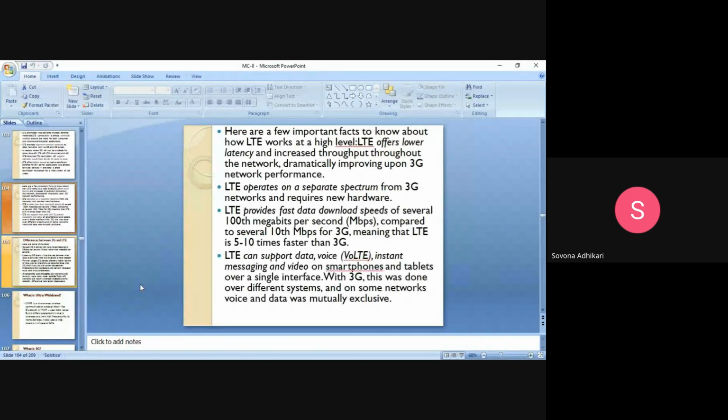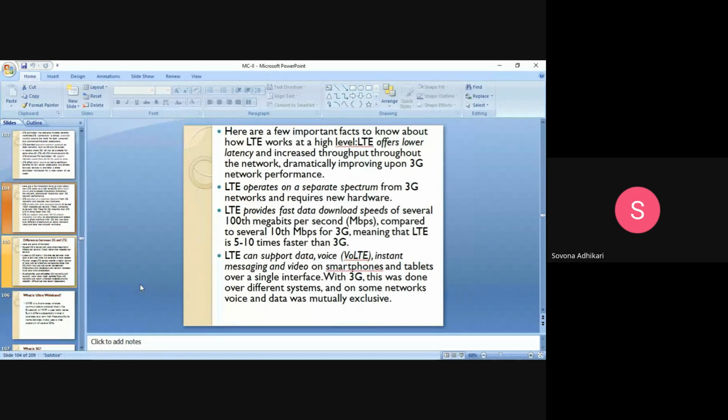Let us see how LTE works. LTE offers lower latency. Lower latency means a smaller time gap between the data sent and data received. That is, it takes less time and increases throughput of the network, dramatically improving upon 3G network performance. The data rates are high as compared to 2G and 3G.